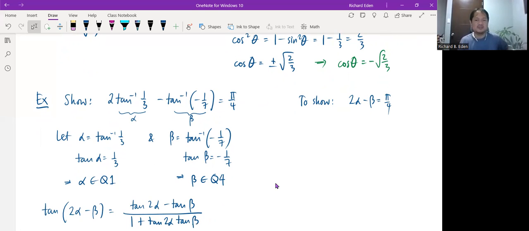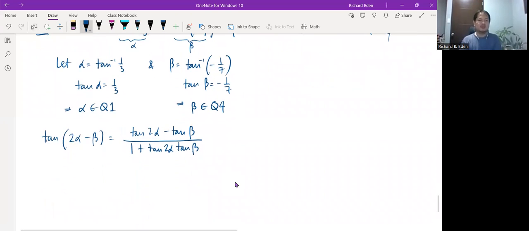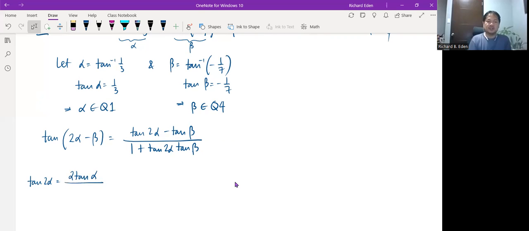Actually, tangent beta's value is given negative 1 over 7. We know the tangent alpha is equal to 1/3. What appears here is tangent twice alpha, but it's okay because we can figure out tangent 2 alpha's value. Twice tangent alpha over, what's the denominator going to be? 1 minus. Yes. Yeah, 1 minus. Yes! Finally, I'm correct. Tangent, tangent alpha.